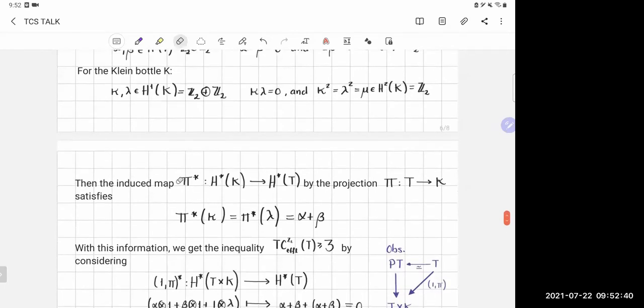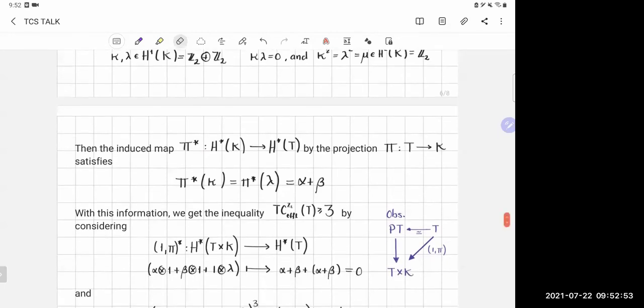Then we consider the induced map by the projection, and this map satisfies this equality. And for getting this one, we consider this element in the kernel of this map.